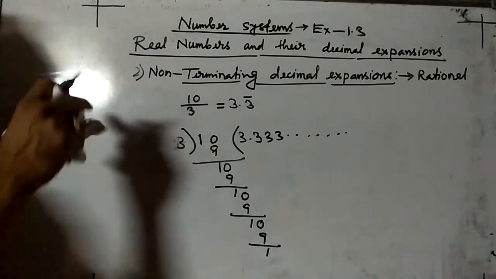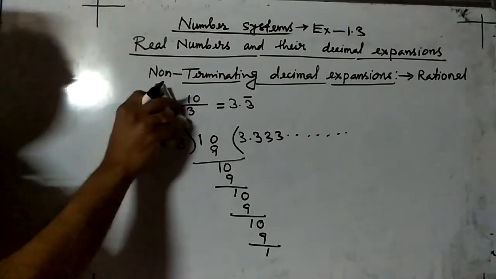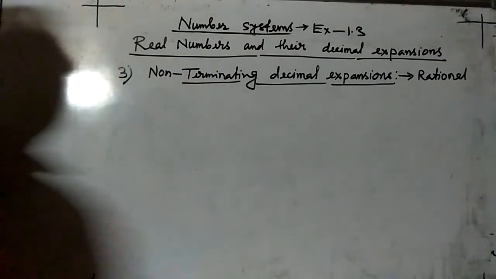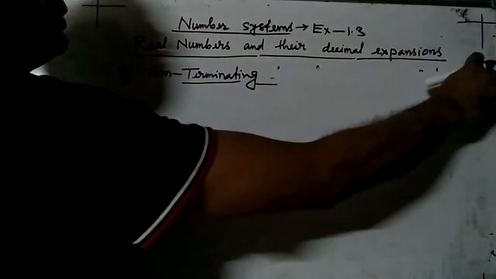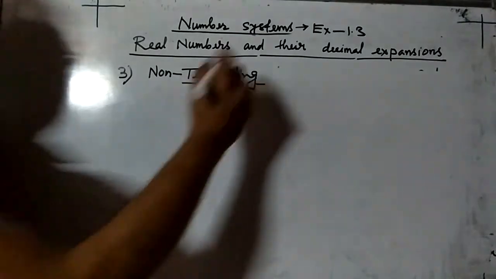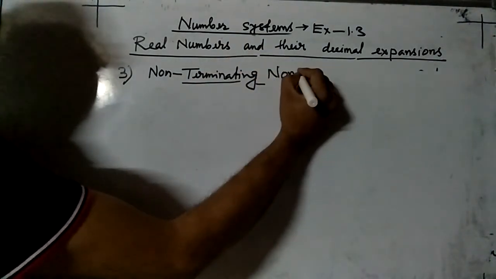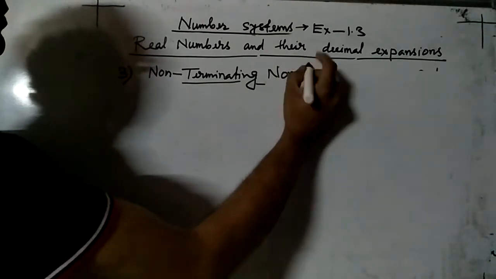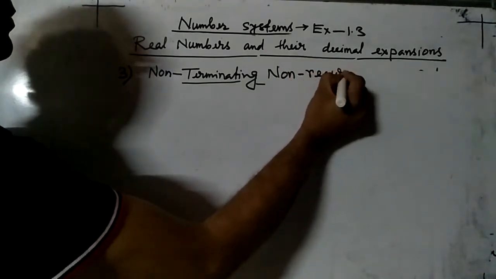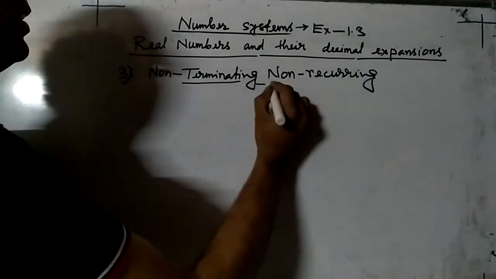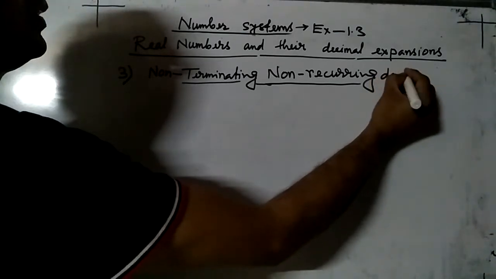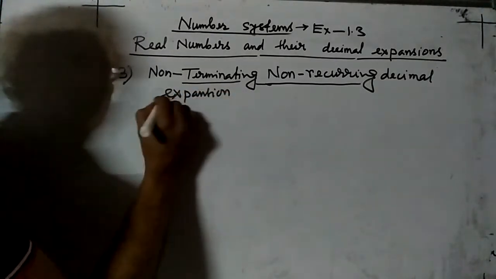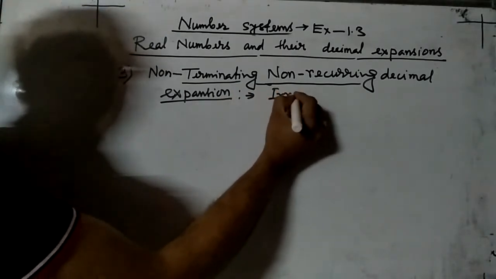Now the third type of decimal expansion: non-terminating, non-recurring decimal expansion, and this will be irrational, right?